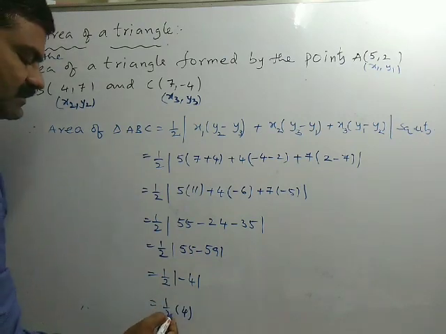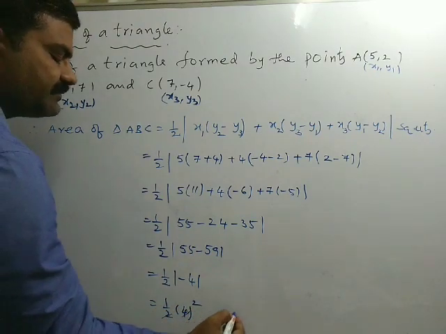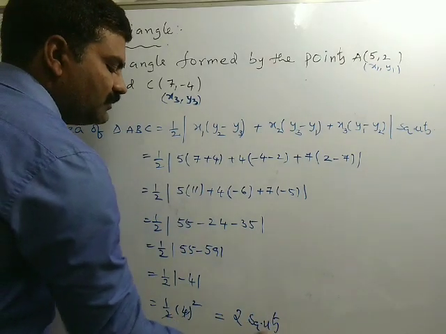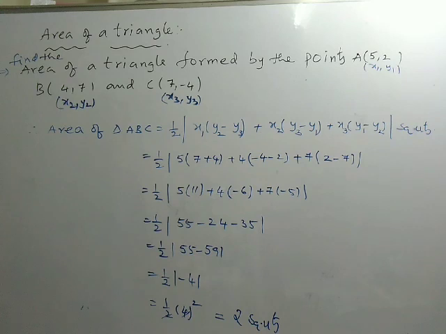So half of 4 is 2, and finally the area of the triangle formed by the given 3 points is 2 square units.